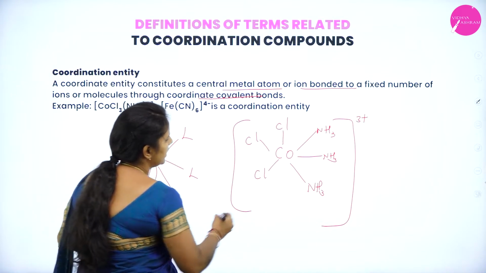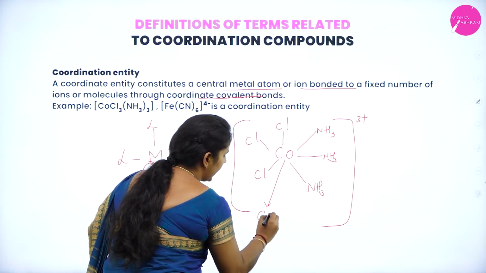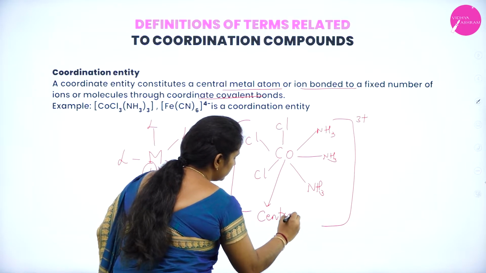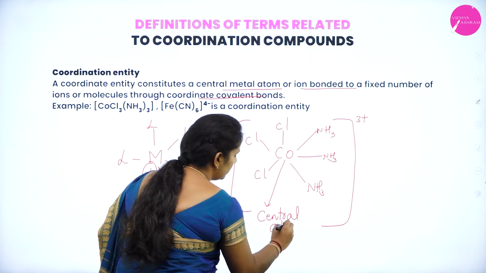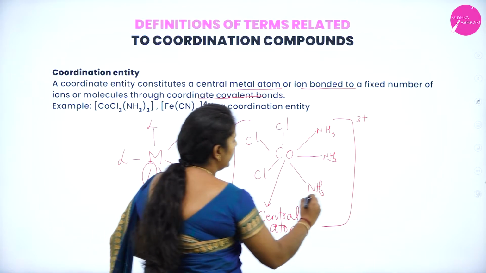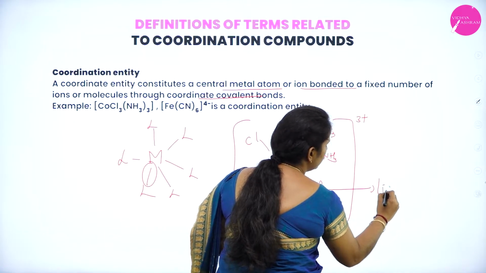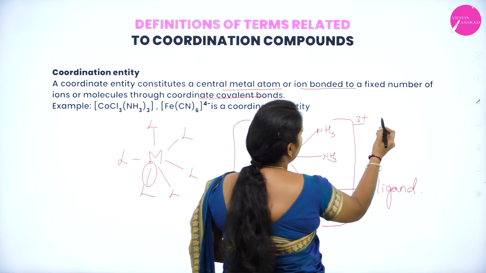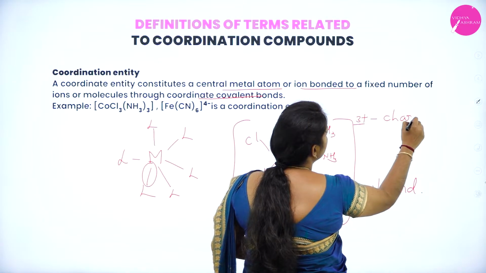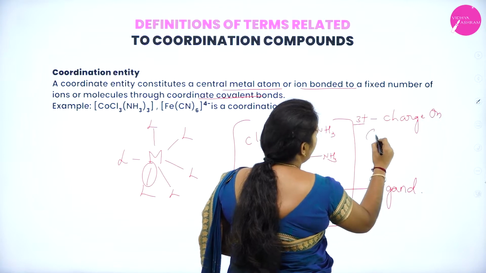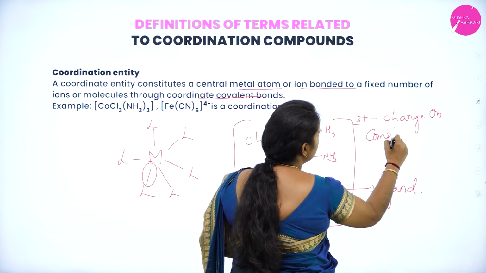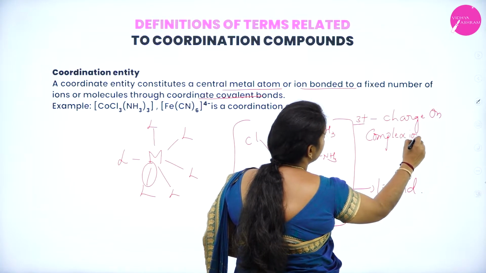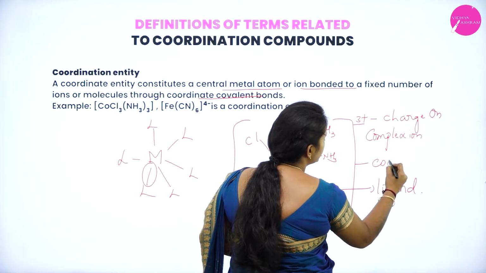So, here you can see that this is the central metal atom, and this is my ligand, and this is the charge on the complex ion, and this is the coordination sphere.